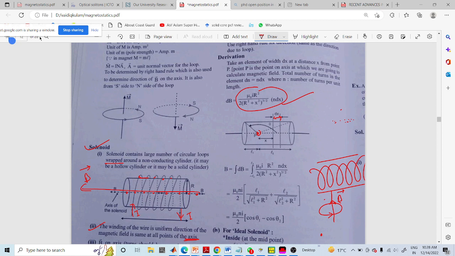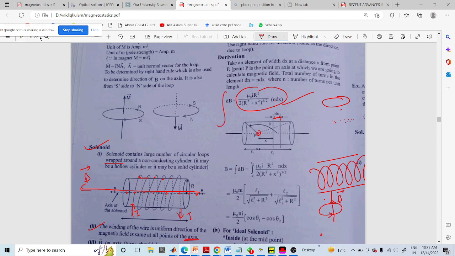Because of dx length we have the result of one loop, right? And if the number of turns is n, then we will multiply by n, but the length is dx, so we will multiply by dx and calculate the magnetic field. Just to compare with that result, you will find this result dB, the same result.